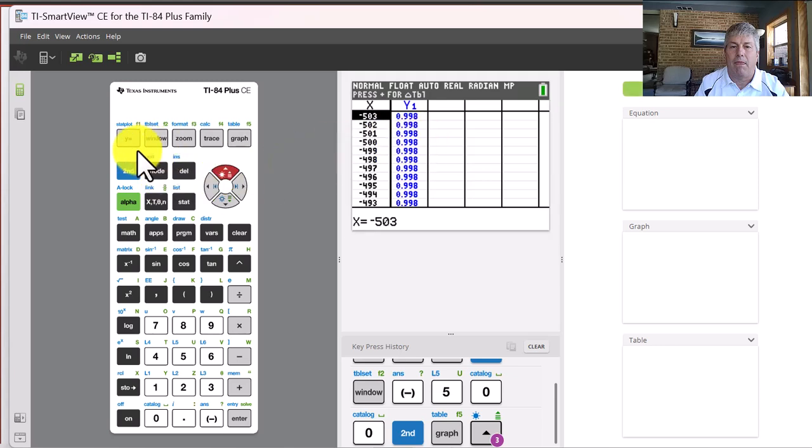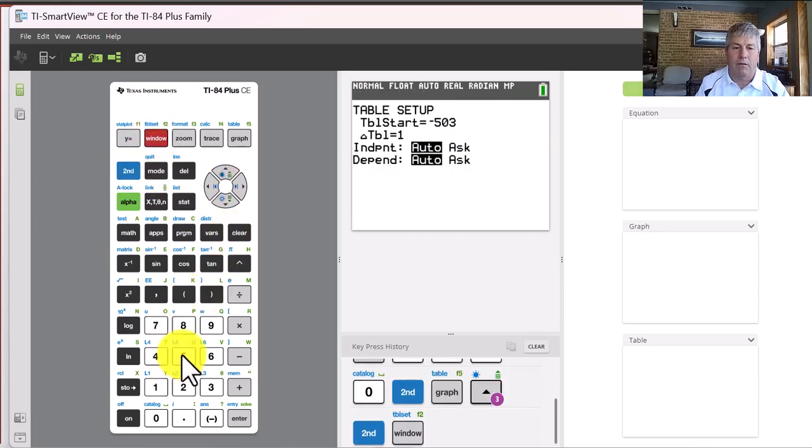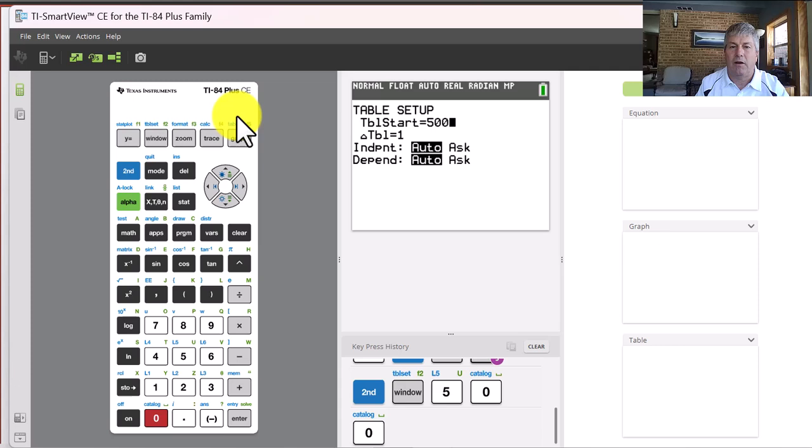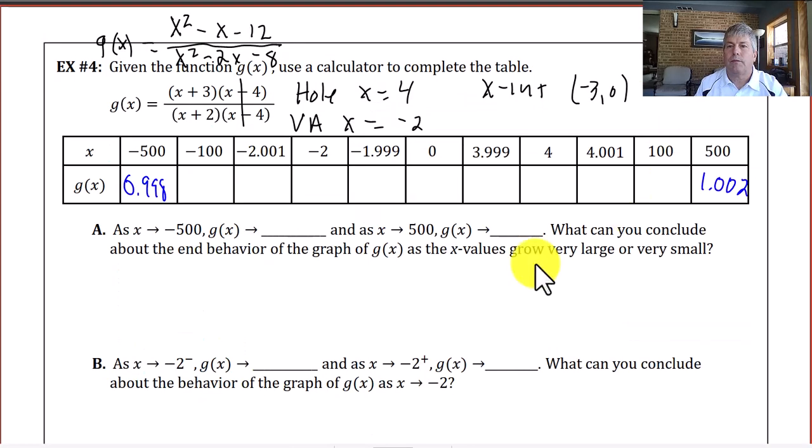And then I could do that again for 500. So back to table set, I'll do 500 and table, and I'm at 1.002.